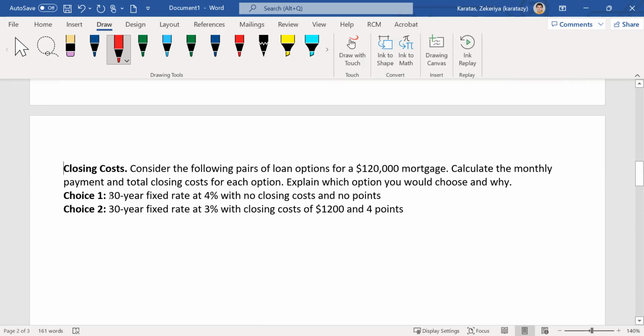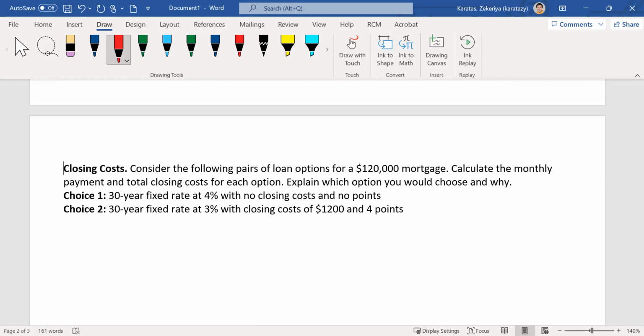The first one is really simple. It's just this 30-year fixed rate, so you have 4% rate and no closing costs. There's the term which is the closing costs. I'm going to talk about that in a minute.